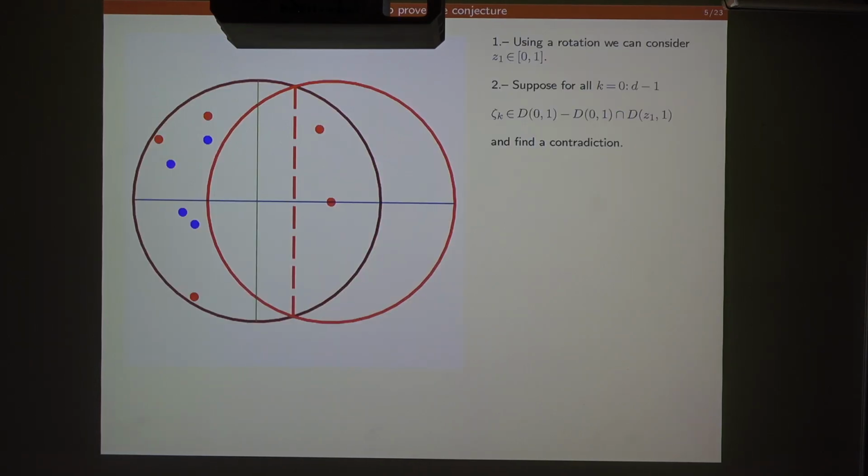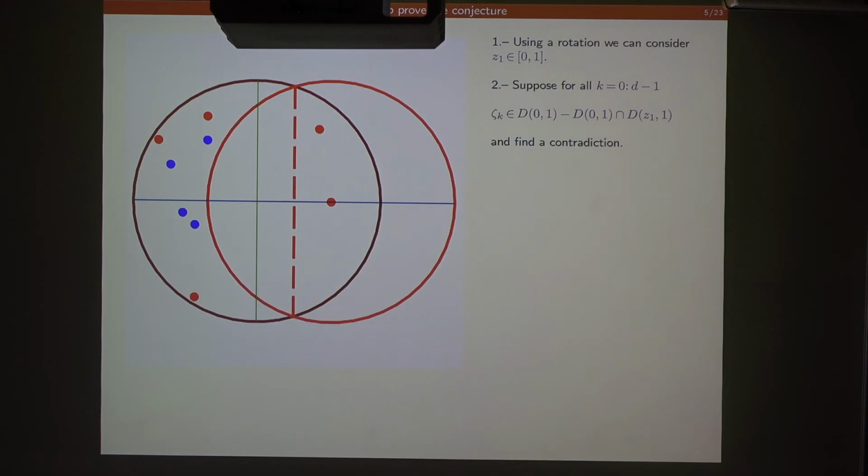What is the strategy to prove this conjecture? The strategy is to suppose, we can suppose, there is a root on the x-axis. It's very easy to do like that.